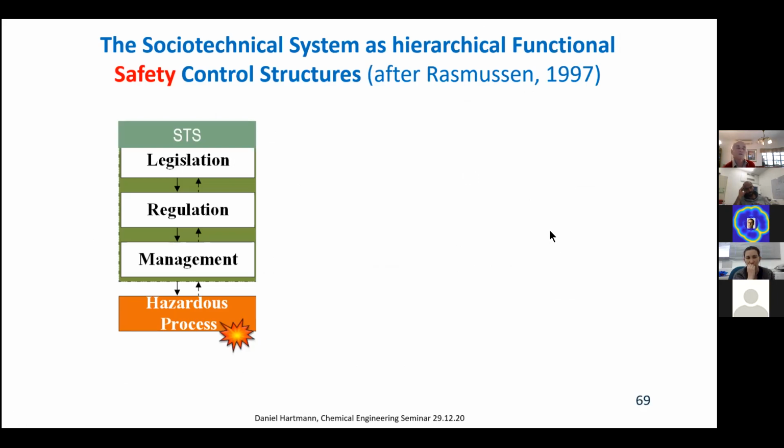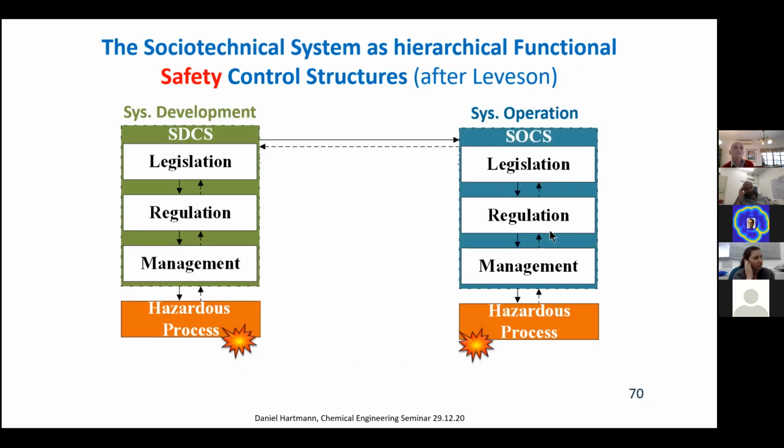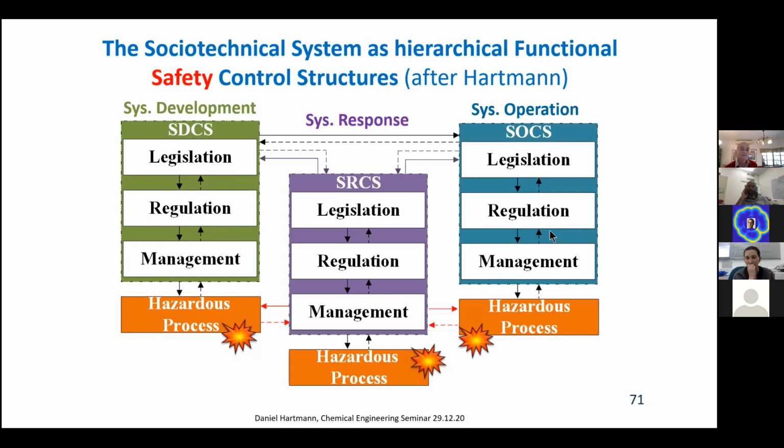Here you see evolution. First we had the socio-technical system, and then Nancy Leveson defined a system development control structure and a system operation control structure. Then my student and I found out that a third control structure is needed for response: safety of the response.